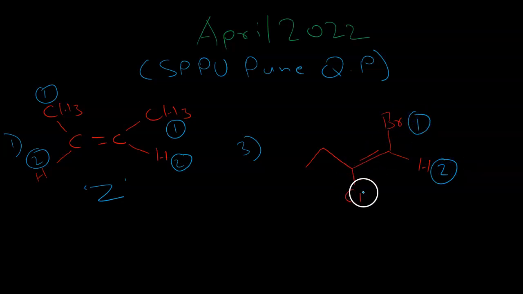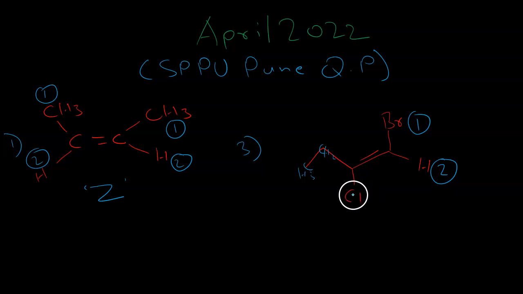Now in this case chlorine, and here it is a carbon and again it is a carbon. So here it is CH2 and CH3. Some students calculate the molecular weight. Don't calculate the molecular weight, see the connectivity. This double bonded carbon is linked with a carbon, and the other double bonded carbon is linked with a halogen, that is chlorine.